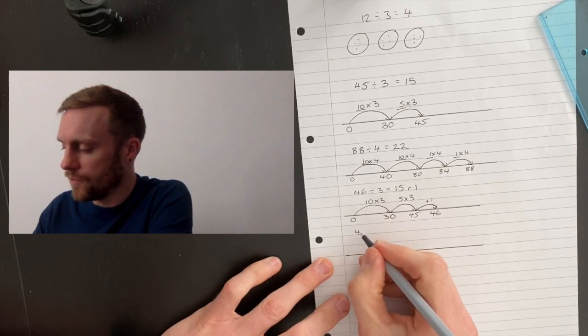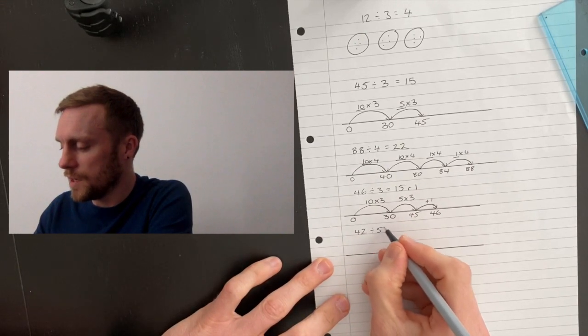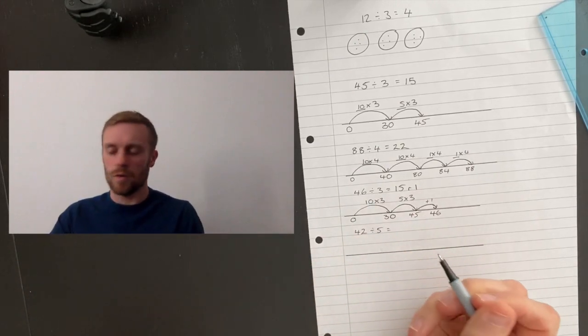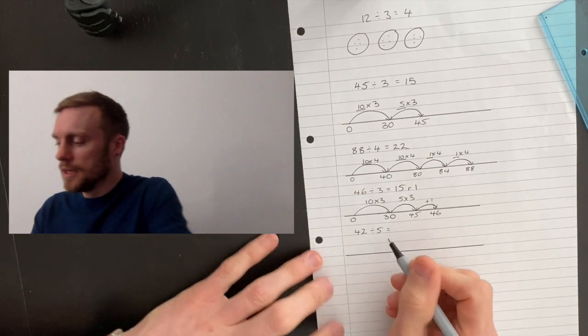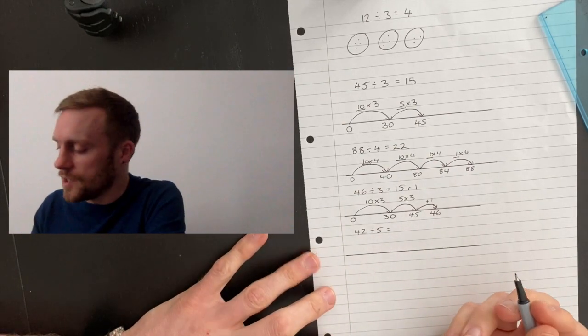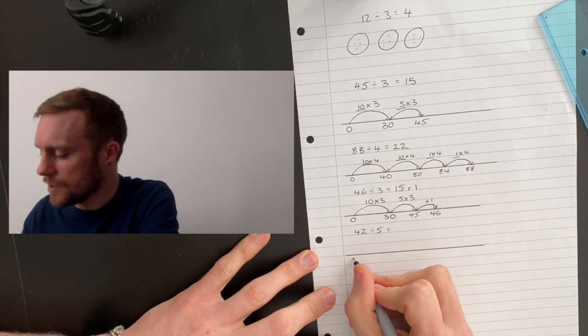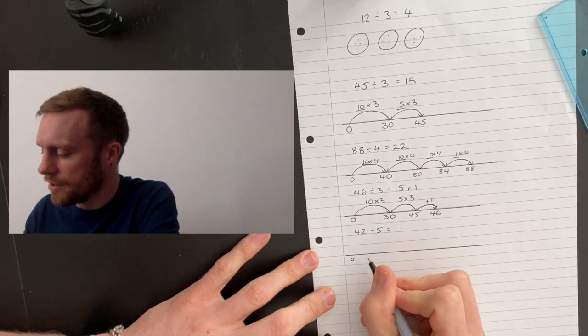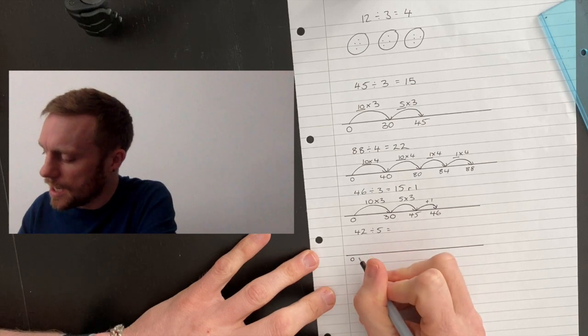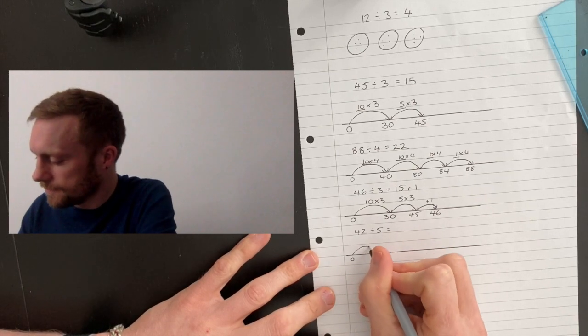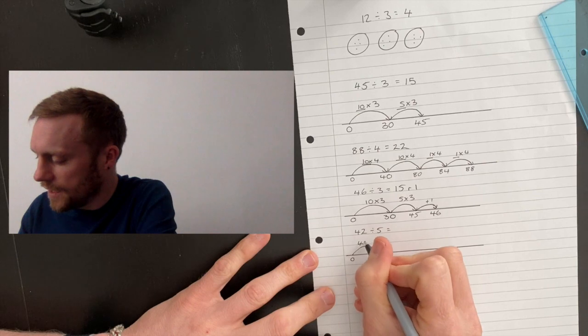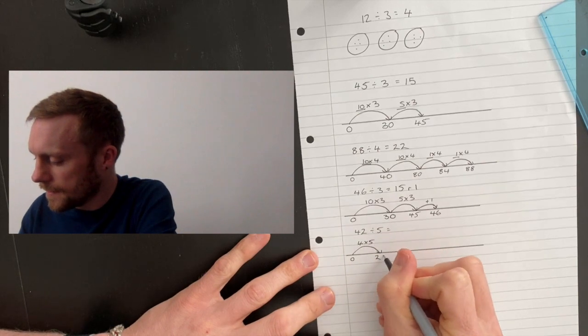So I'm going to do 42 divided by 5. Now this time I can't do 10 5s at the beginning because that would take me to 50, which would be too high, but I still don't want to count up individual 5s. It's just going to take me too long. So I'm going to start on 0, and I'm going to go up, let's go 4 5s, because I know 4 5s are 20. So that works.